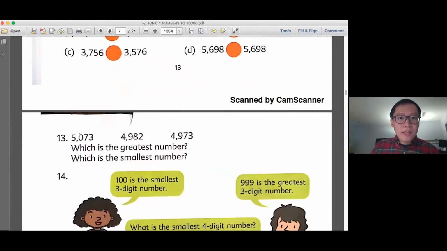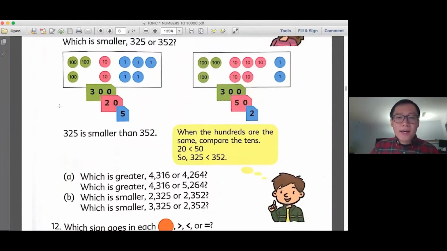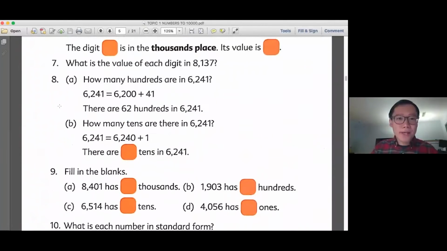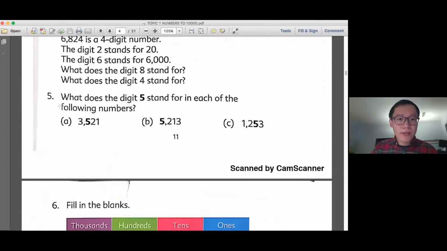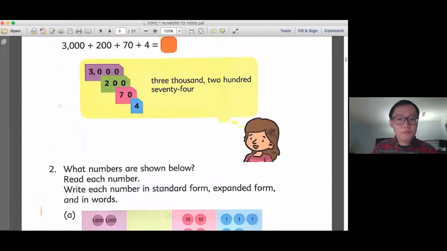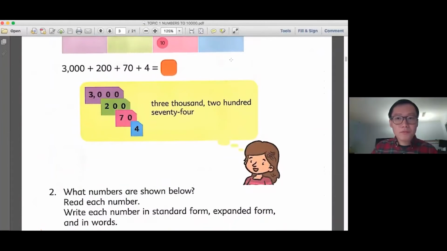Okay, so let's try an example for the expanded form and the standard form. That's our first topic. So let me write it down.